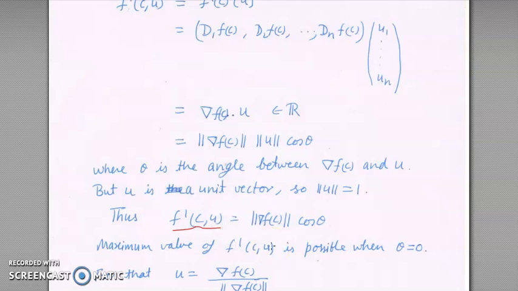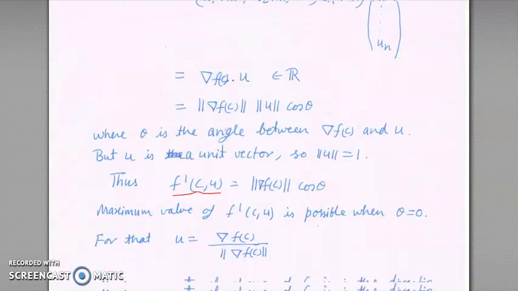Now I want to determine in which direction the rate of change is maximum. For getting the maximum value, cos theta should be 1, so theta should be 0. So the maximum value will be attained if u is the unit vector in the direction of the gradient of the function. So u is del f(c) upon norm of del f(c).